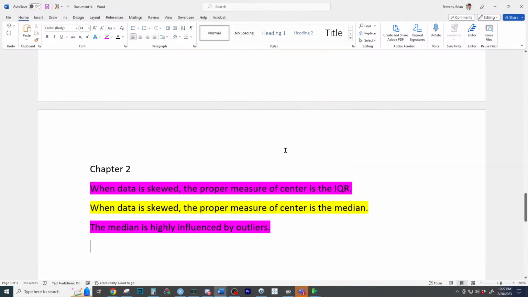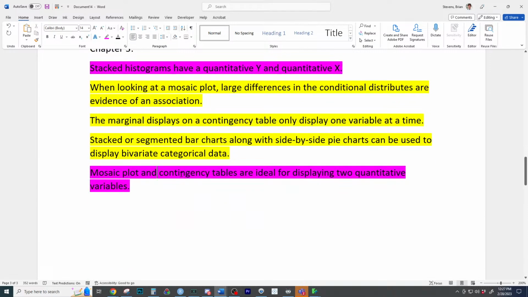It's chapter 2, but go back to chapter 3 for a second here. Okay.